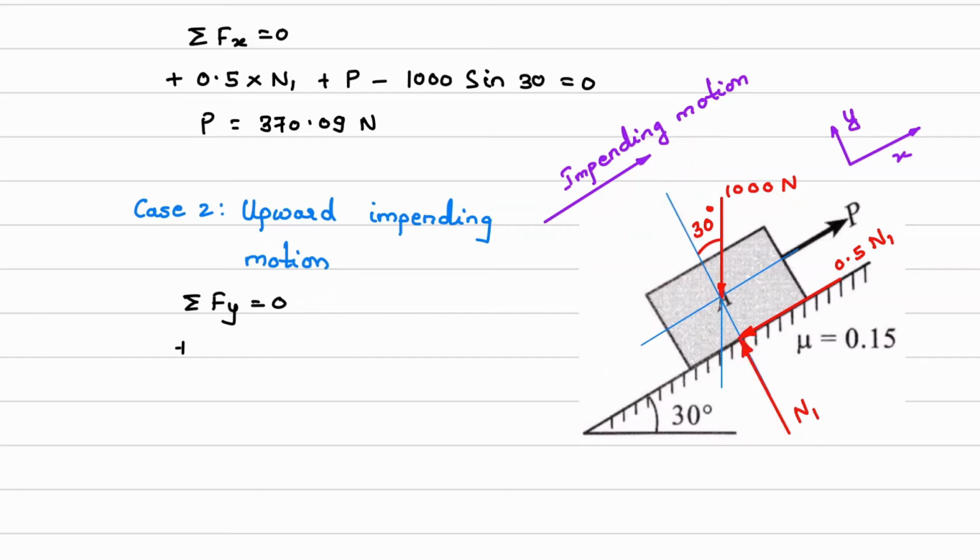So plus N1 minus 1000 cos 30 equal to 0. So from here I can calculate N1. N1 is equal to 866.0254 Newton.